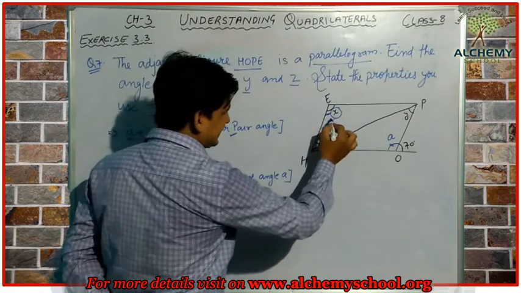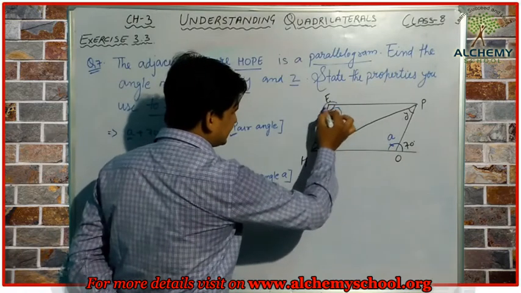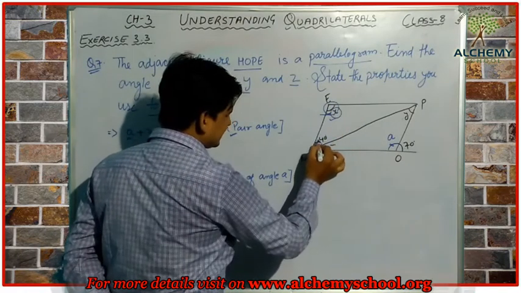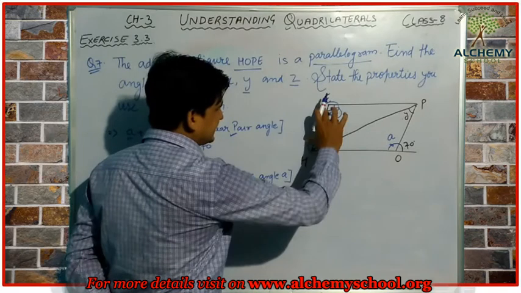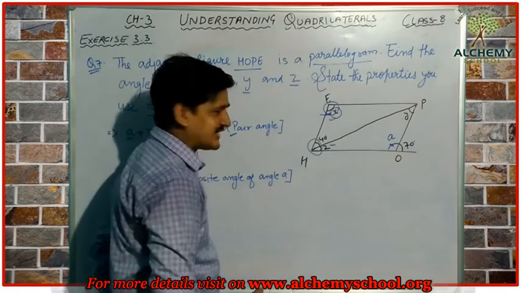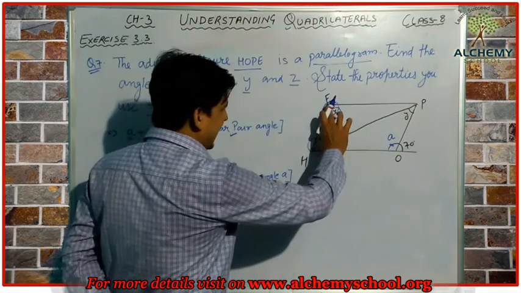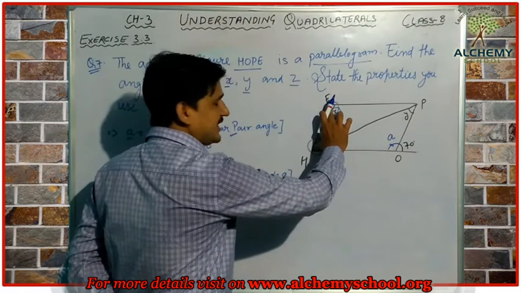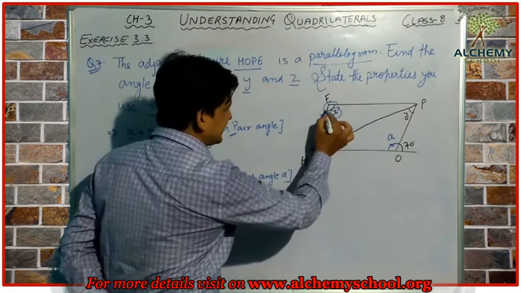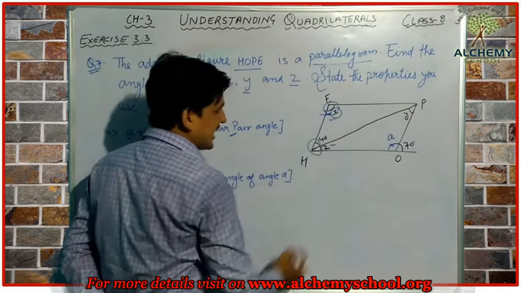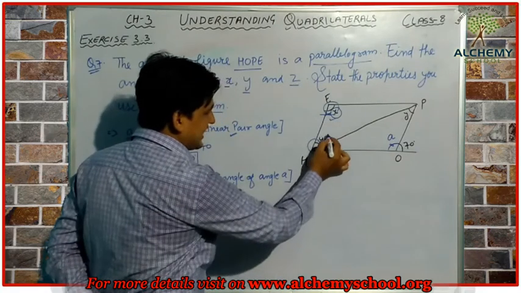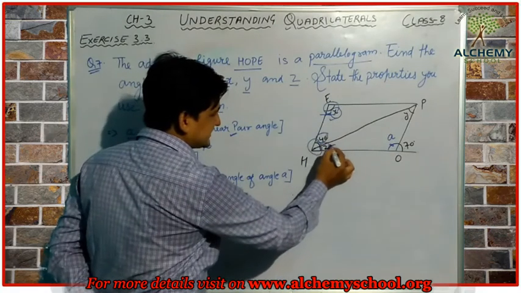Now we can see this angle and this angle. These two angles are adjacent angles. So when we add these two angles, the sum will be 180 degrees. This angle is represented by x and this angle is represented by 40 plus z.